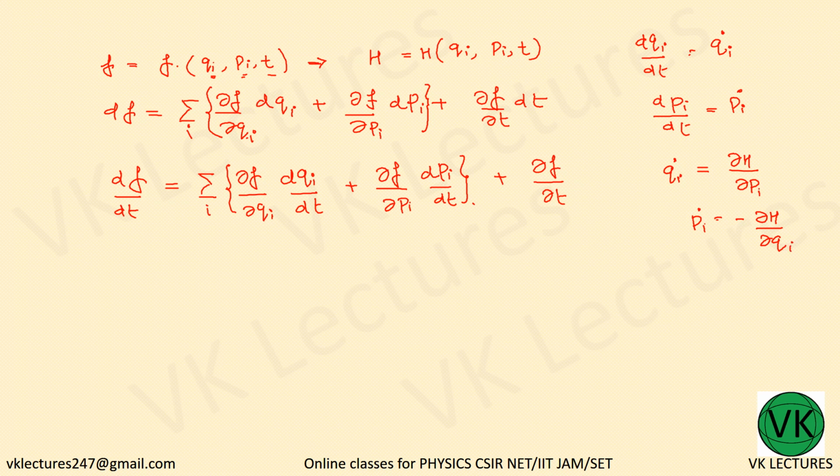Now we need to substitute dqi/dt, that is qi dot, with ∂H/∂pi, and pi dot with minus ∂H/∂qi.